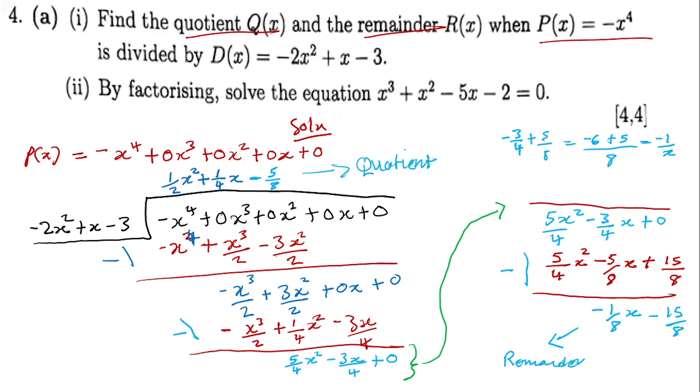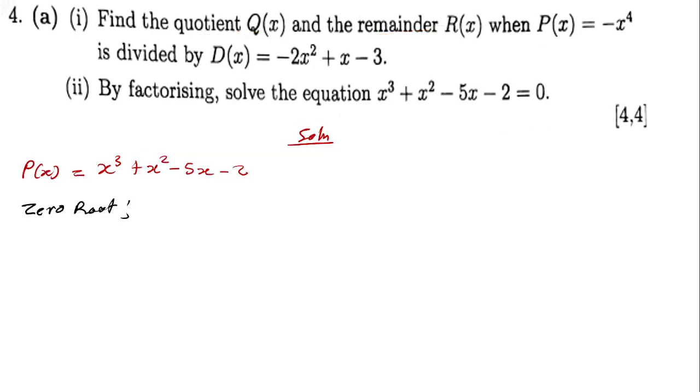Let's move on and look at the next one. So I'll find the zero roots. In this particular equation, this was something I explained when we were doing math 1120. The zero root here, which can work out, is a 2.